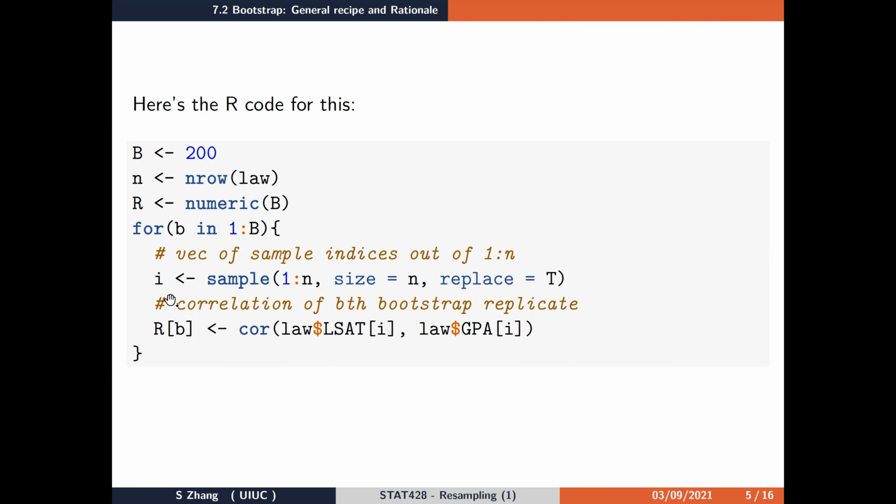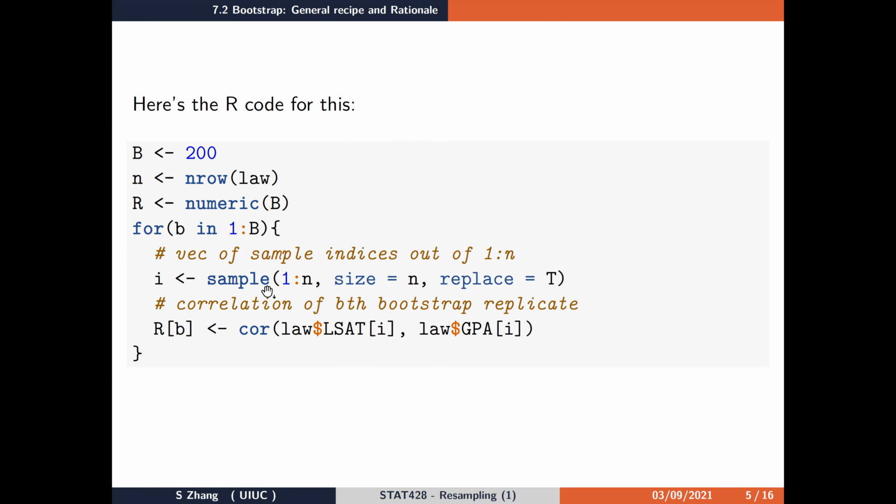For each bootstrap replication, we will first sample with replacement from the original data. Our original data are the 15 rows of x and y's. Instead of doing the x and y's here, we just sample the row indices of that law data frame that we want for the bootstrap sample.